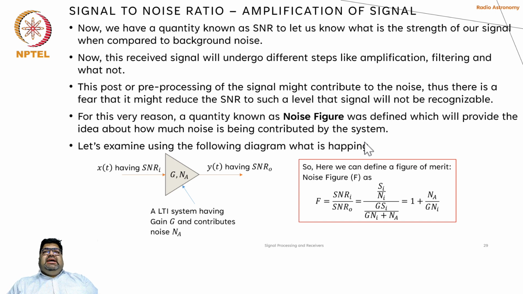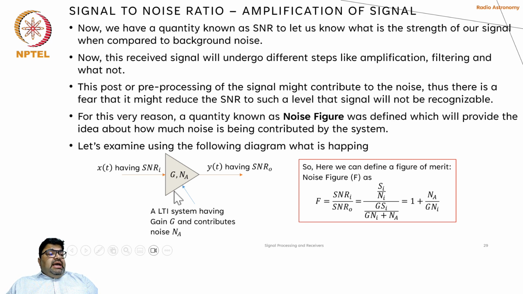Designing a proper, adequate receiver requires that the specifications of individual components also be checked. One such thing is noise figure, which we discussed before and are discussing again now.